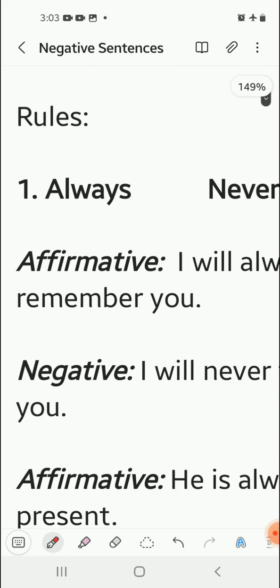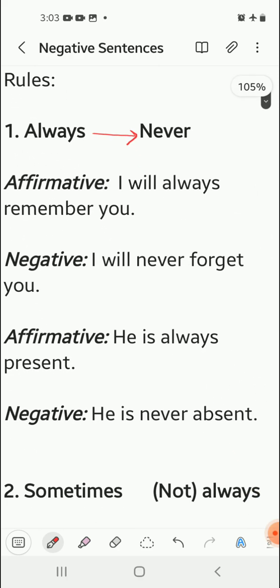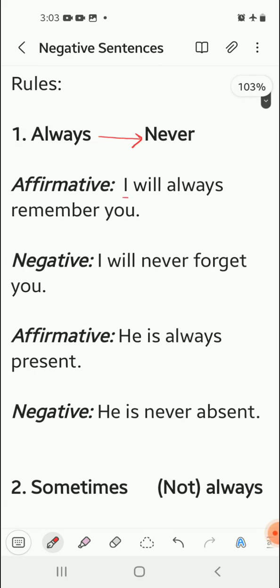The first rule is that always gets converted to never. And second, the significant words used in the affirmative sentence will be changed to their opposite word. What I mean to say is, see in the example given: I will always remember you. The meaning of the sentence says that the person would always remember the other person.